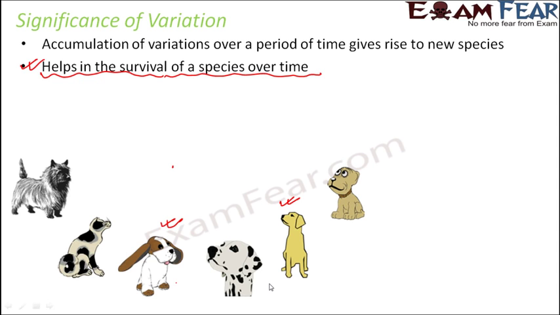Now the presence of fur all over its body helped it to survive in extremely cold conditions. So this was a better variation in some sense. As a result, it helped in the survival of the species over time. So more and more dogs with fur started to get produced, and it helped them to survive in extremely cold weather.